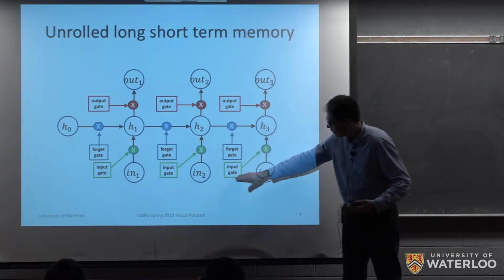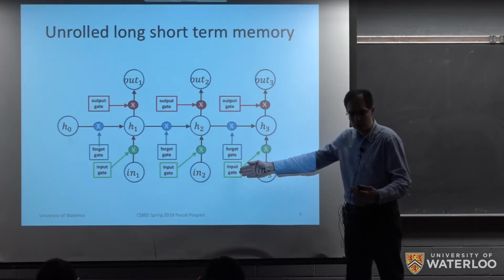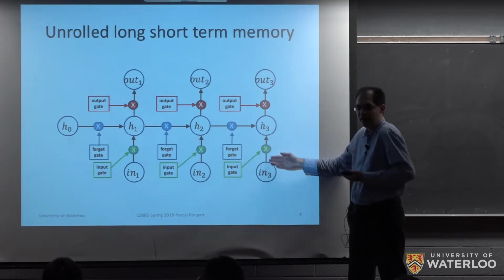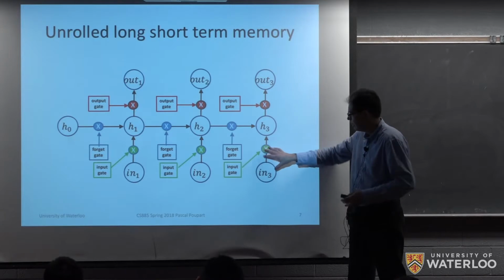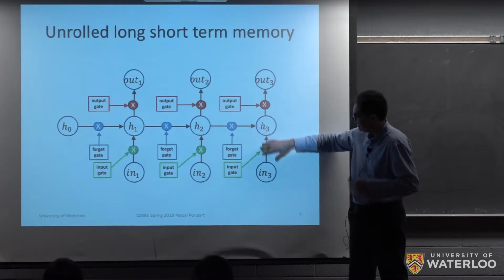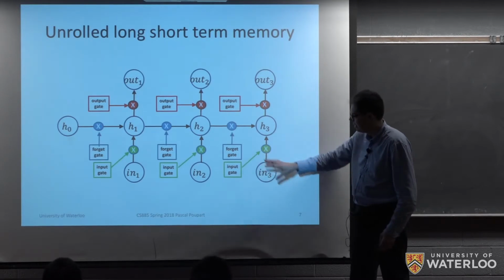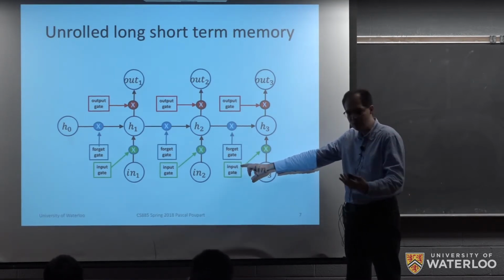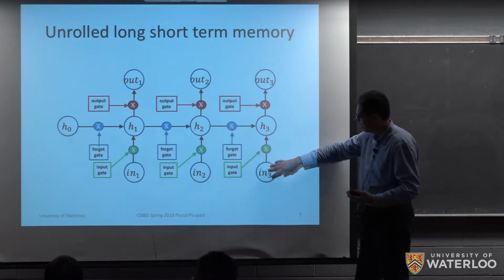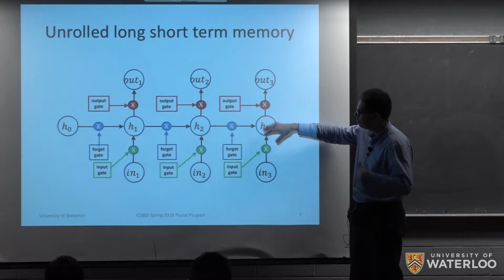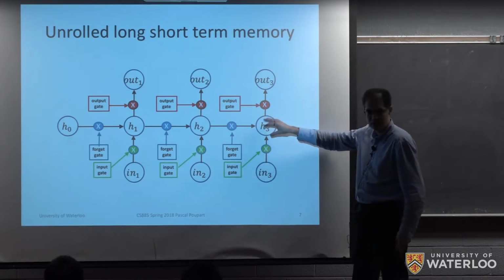So if I have a gate that is equal to 0 and then I multiply, it will essentially nullify the information from the input. So there will just be a 0 going in, and this will have no impact. If on the other hand the gate is open and is equal to 1, then when I multiply by 1, it means that the input can go through, and it will be used to impact the hidden unit.